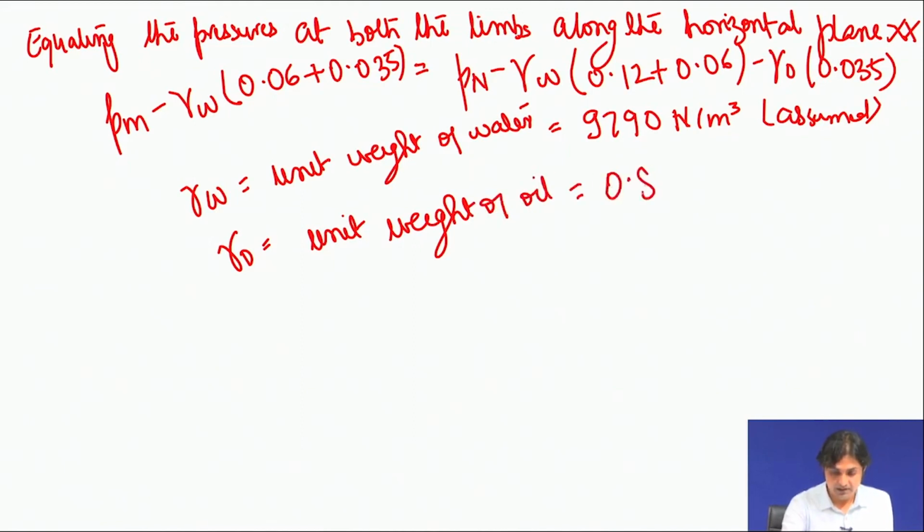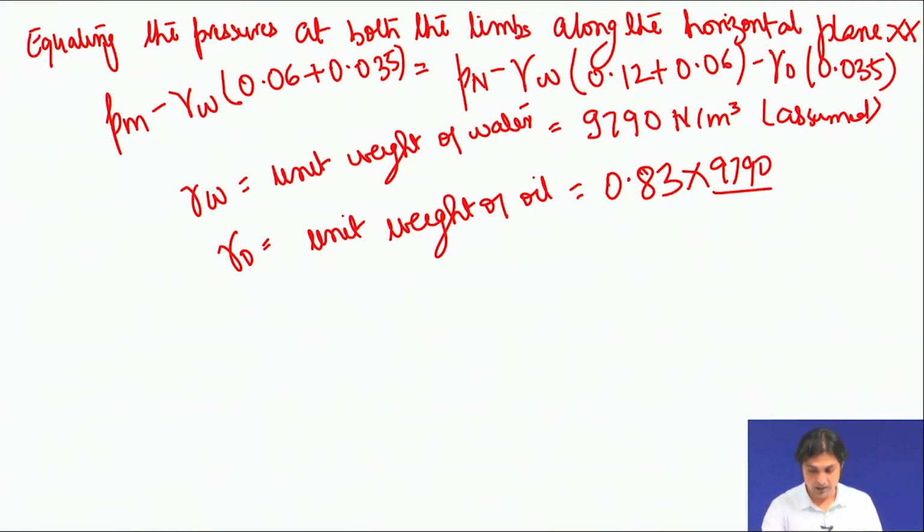The specific gravity was 0.83 into 9790. Specific gravity, when we say it, is always a density in ratio with water, no other fluid. That is why the unit weight of water is what we multiply with the specific gravity to get the unit weight of that oil. So here it comes out to be 8125.7 Newton per meter cube.